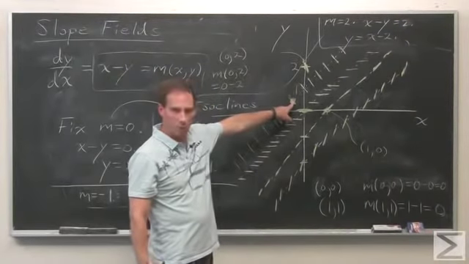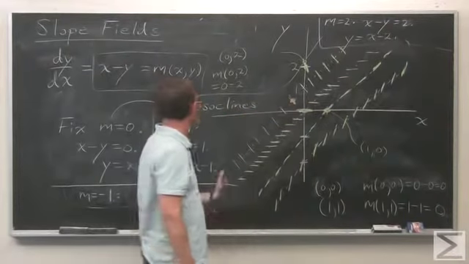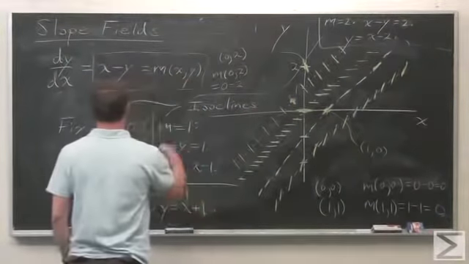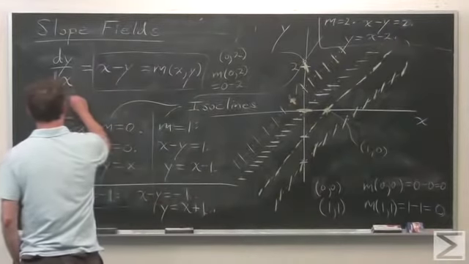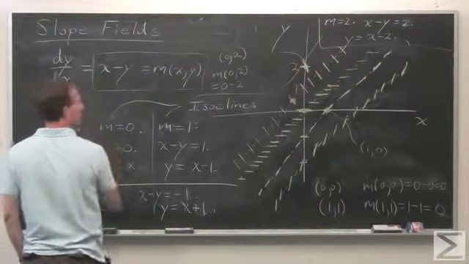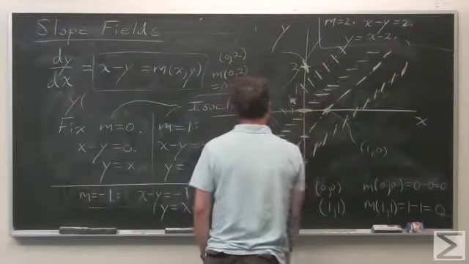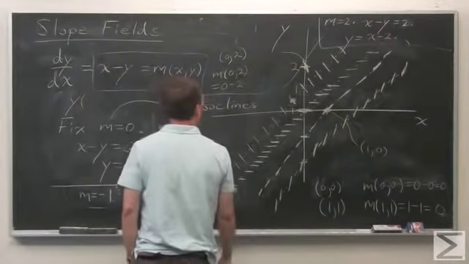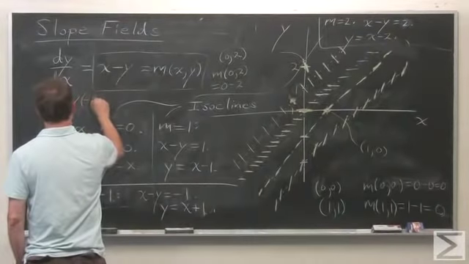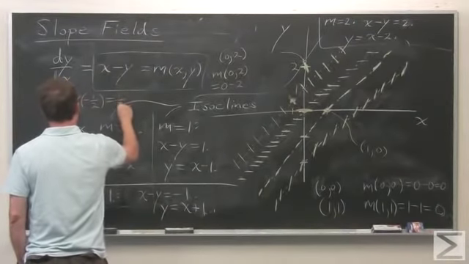It tells you this is the point that we care about. So maybe you're given that y at minus a half equals a half. When x is minus a half, y is a half.